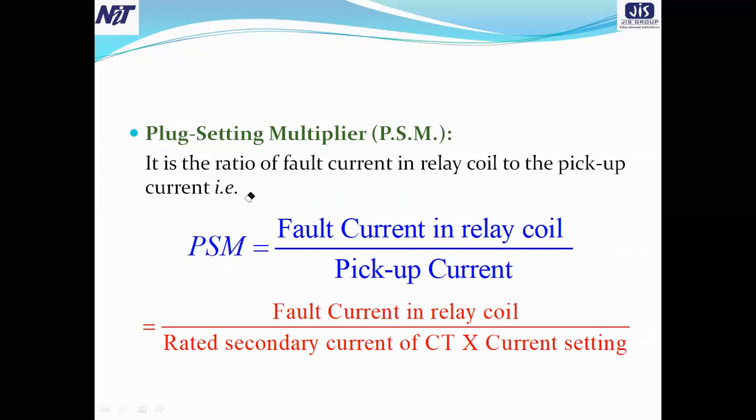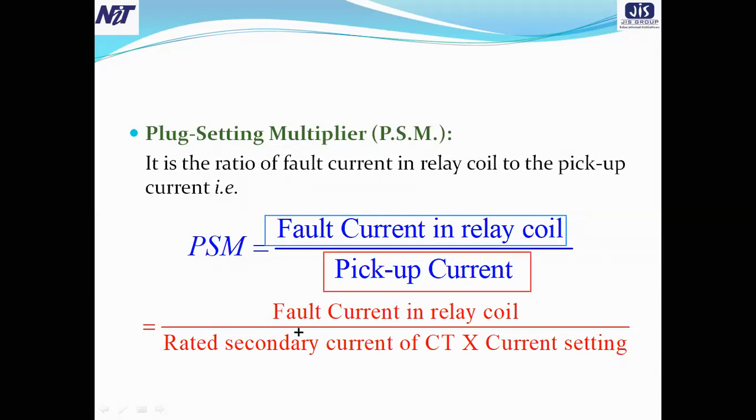Okay, so I think you already know about that. What is the ratio of the fault current in the relay coil and the pickup current? I already discussed this. So PSM is basically equal to the fault current in the relay coil divided by the pickup current.